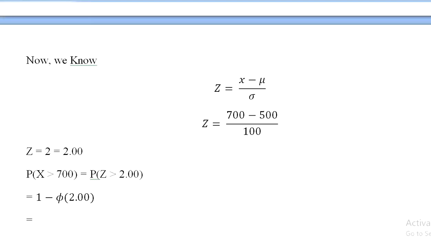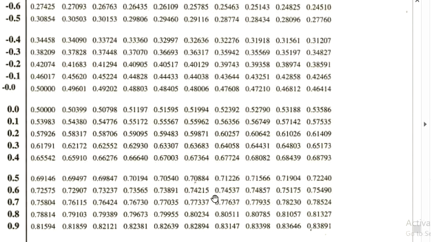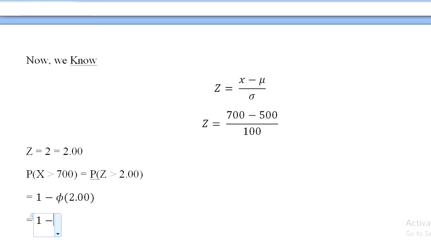We'll find its value. 1 minus phi of 2.00 को मैं देखूंगी टेबल नंबर 9 में. ओके 2.00 को 0 में देखा तो मेरे पास ये वैल्यू आ गई 0.97725.